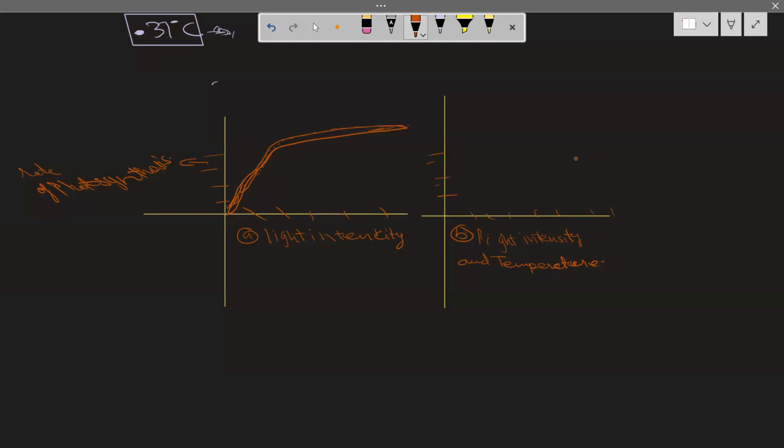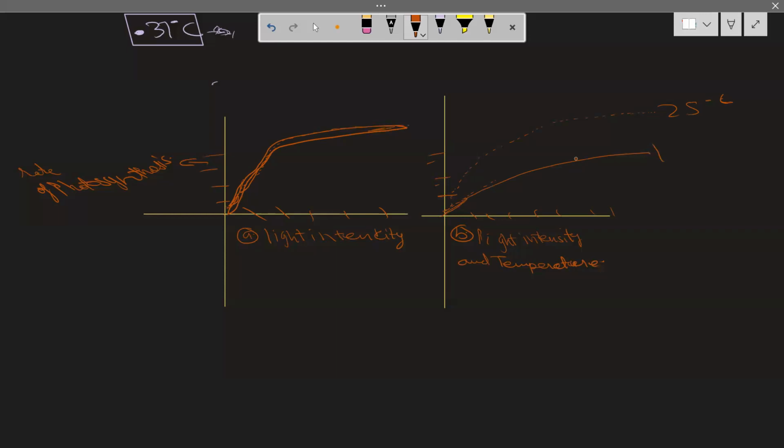And in this other graph, we will see light intensity and temperature both. As we have seen, light intensity goes like this, right? With light intensity and temperature at 25 degrees Celsius, the graph will be like this, and with temperature of 15 degrees Celsius, the graph will be like this.